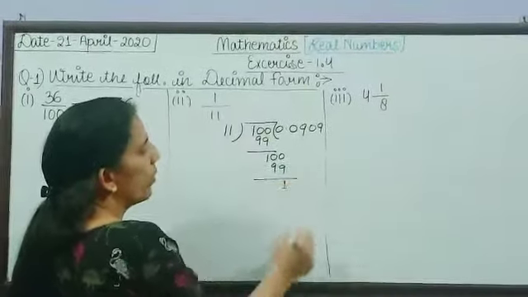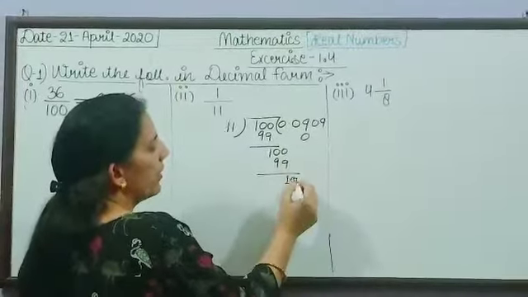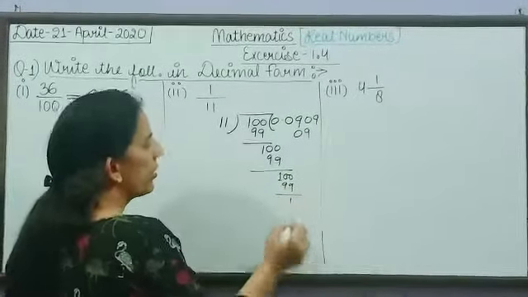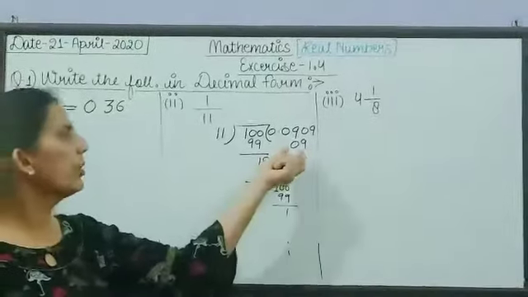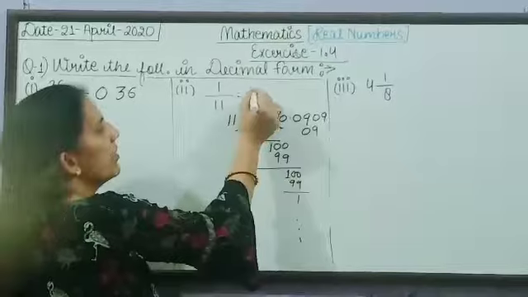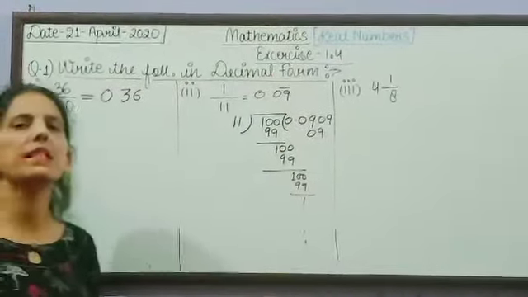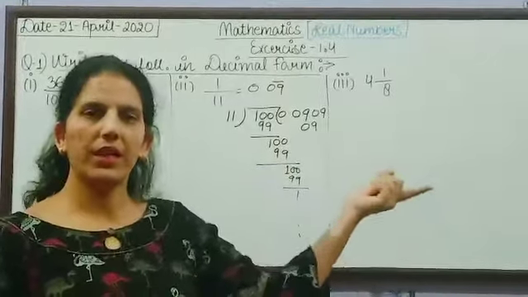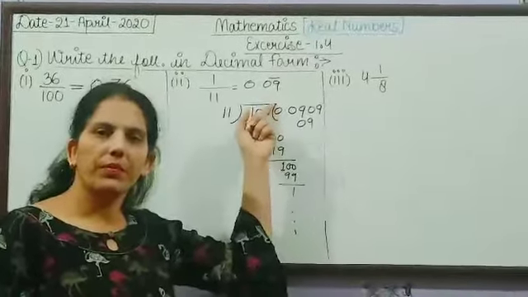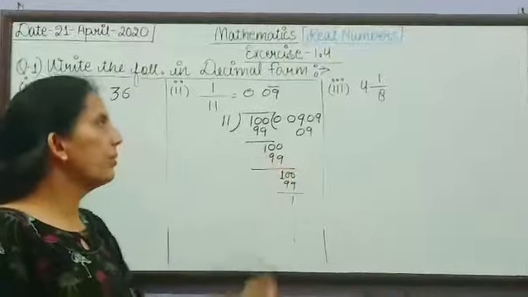Again you are getting 1. Again you have to put 0, and here nines are 99, and it will continue. So therefore, you will write this decimal expansion as 0.09 bar. Bar shows that these two digits are repeating, right? After decimal, as it is not terminating. It is non-terminating, repeating. Remember?